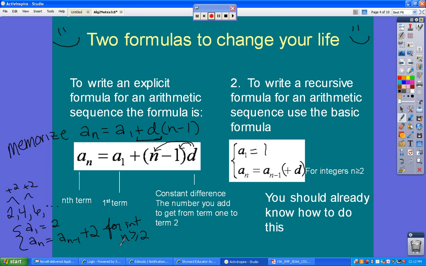That's recursive. Explicitly, it would be a sub n equals, what is a sub 1? 2 plus n minus 1 times D. What was D in this case? What am I adding each time? 2. Distribute. 2 plus 2n minus 2. Those cancel. A sub n equals 2n.